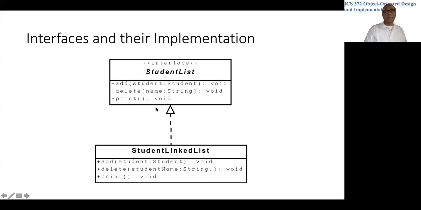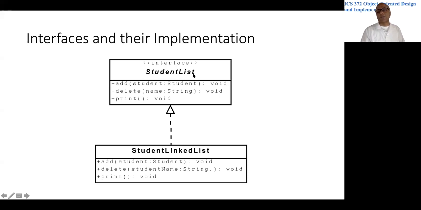Then we use the class diagram for depicting interfaces. So for example, here is a student list interface. If you have a Java interface, we show its design like this, but notice that the interface is italicized.